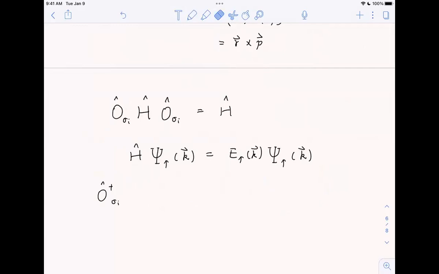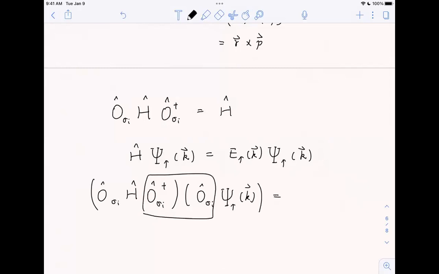You apply the operator sigma I on here, and these two together just give you 1.